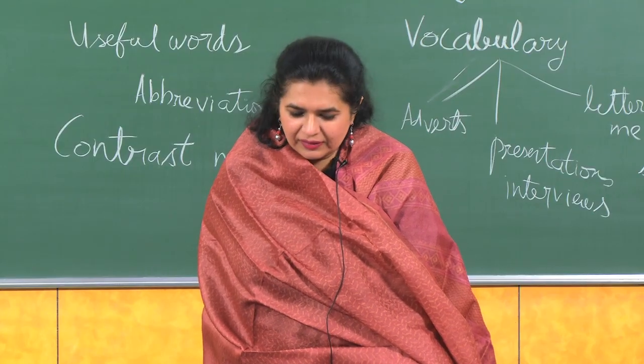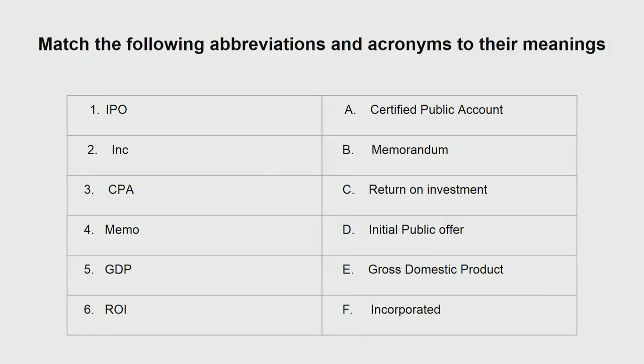Now look at this exercise. Look at the slide, match the following abbreviations and acronyms to their meanings or to their extended forms. IPO, INC, CPA, Memo, GDP, ROI, Certified Public Account, Memorandum, Return on Investment, Initial Public Offer, Gross Domestic Product and Incorporated.